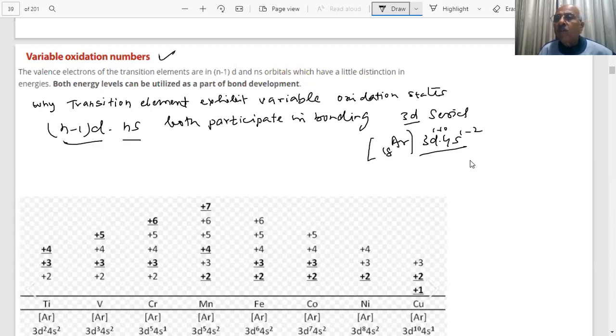And therefore, they will show a large number of oxidation states, a variety of oxidation states. So you can have compound formation by use of d orbitals and s, because the energy level gap is not that high, students. The energy difference between 3d and 4s is very small, students, and they can easily take part in the bonding.